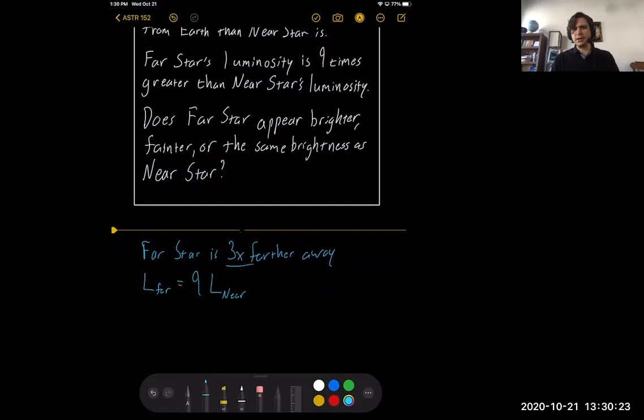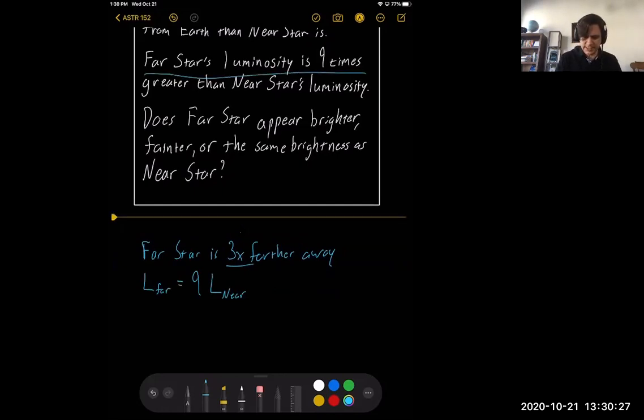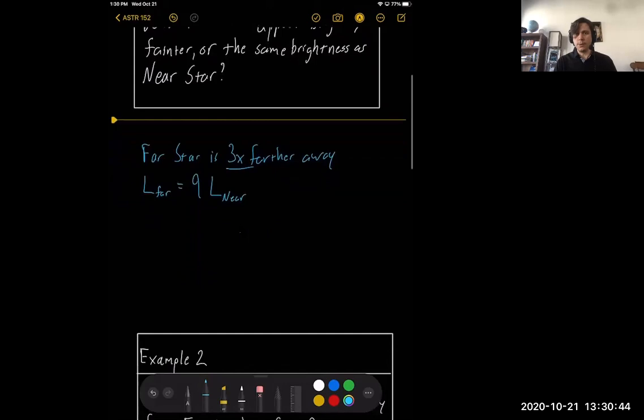That's just using an equation to write out this entire sentence here that far star's luminosity is 9 times greater than near star's luminosity. So now that I have the information written down, the way that I always break this down is I try to do this in two different steps.